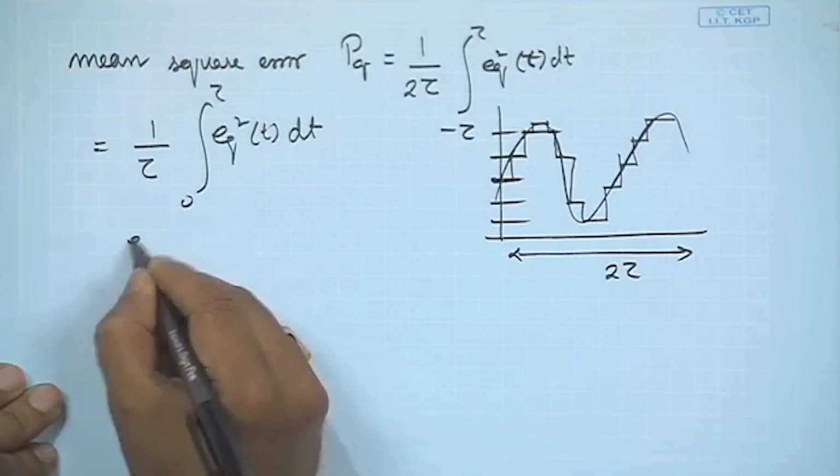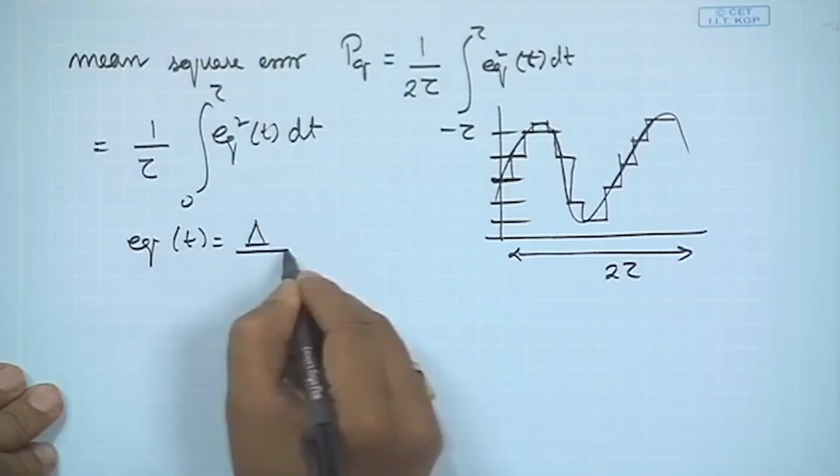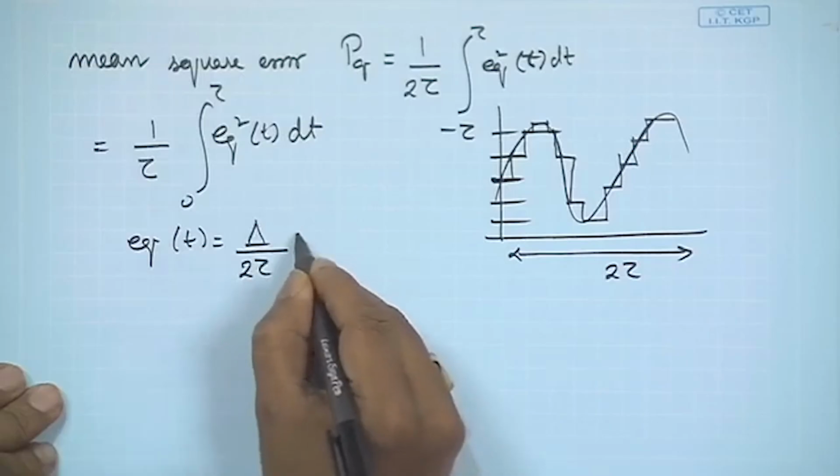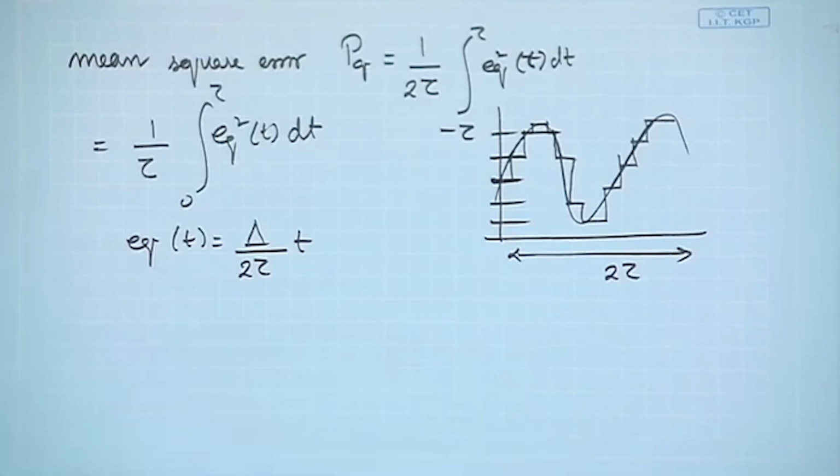Then you could write e_q of t with that approximation in case of sinusoids. We should remember that finite duration signals, and of course periodic signals, can be represented by a sum of sinusoids.